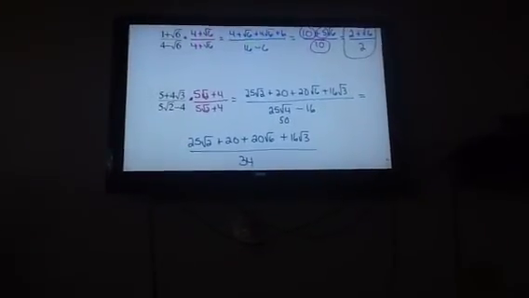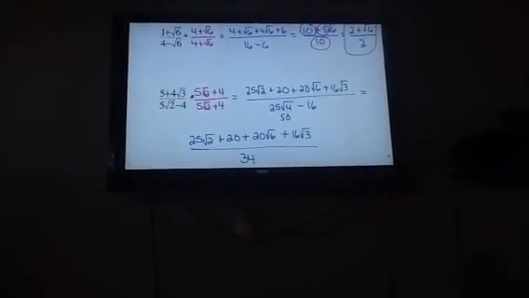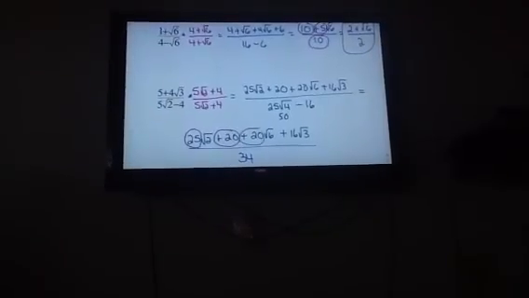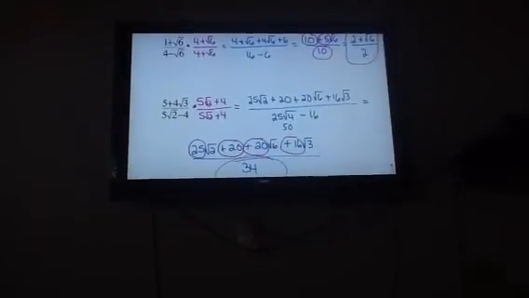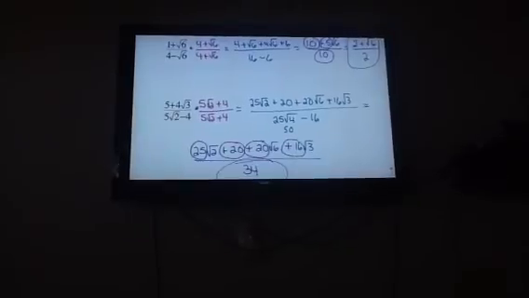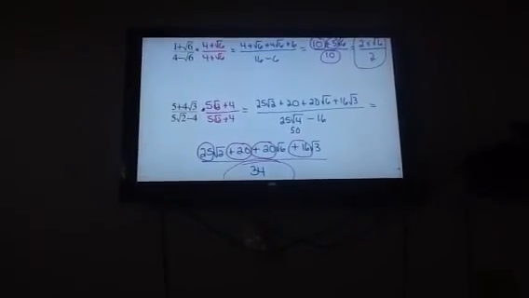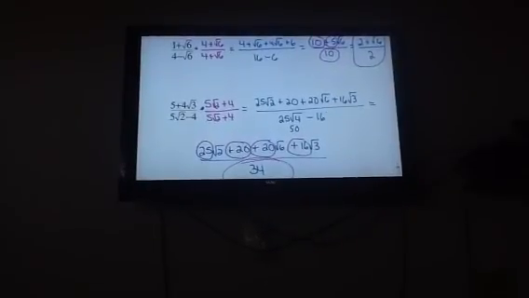Now this particular mouse has 4 ears because I'm checking this and this and this, and this, and this, to see if I can reduce it. So 25, 20, 20, 16, 34. They do not have anything common to all 5 of those numbers. So that answer is done.